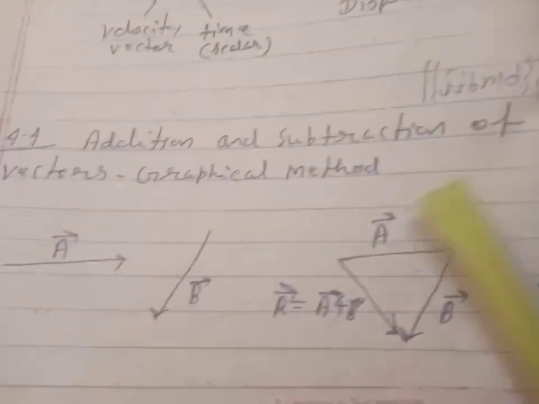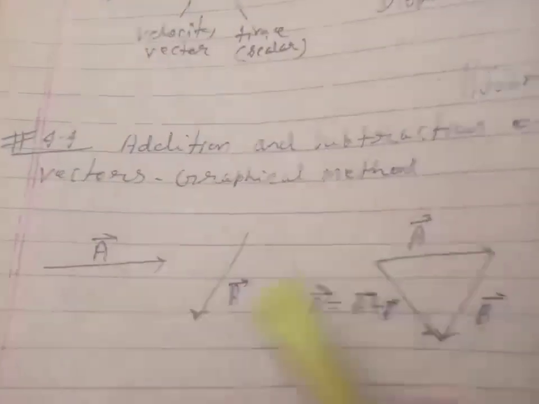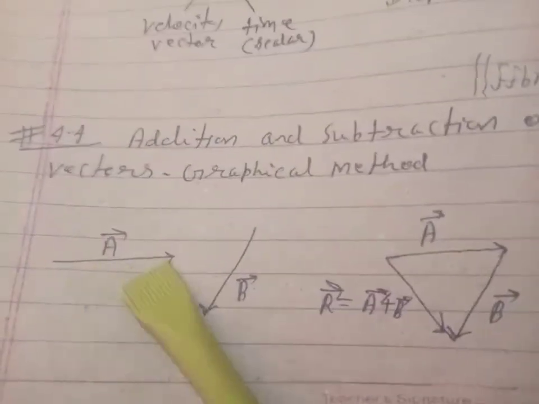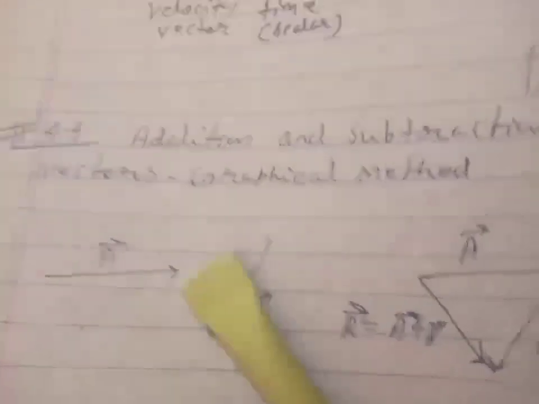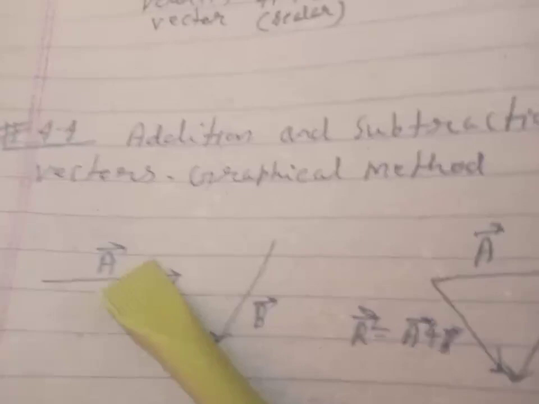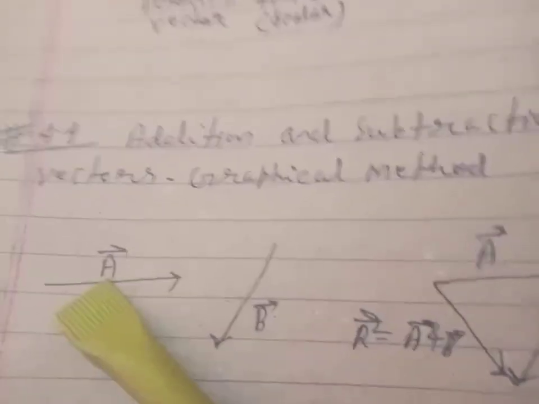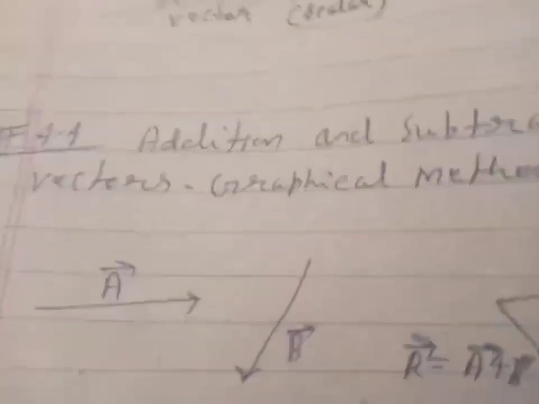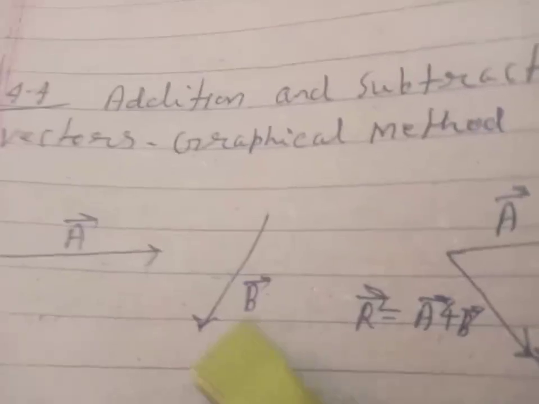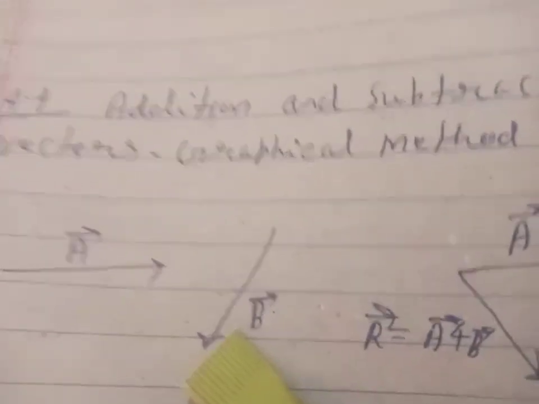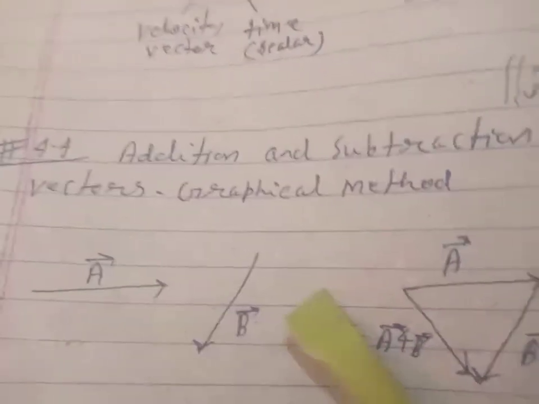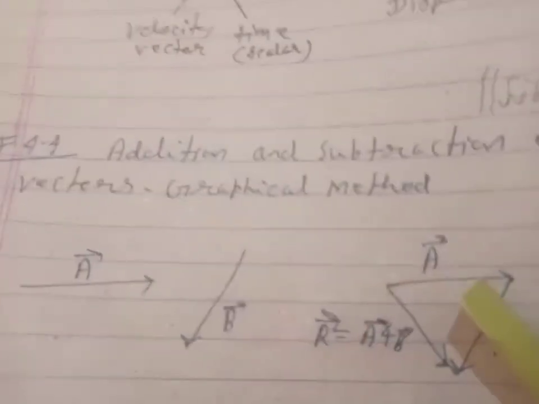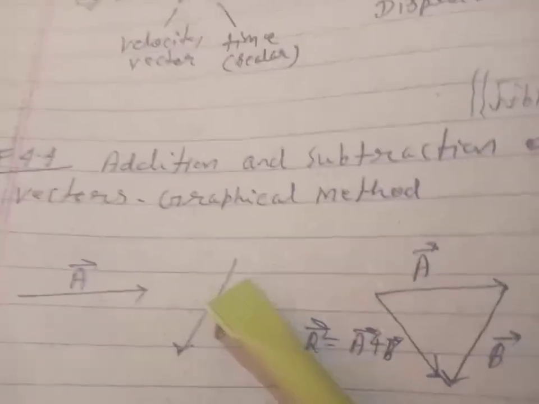Addition and subtraction of vectors. Graphical method. Here two vectors are shown, A vector and B vector. Now to add this graphically, for example, we have to add B vector on A vector, that is A plus B. We have to calculate A plus B, which will be equal to R vector, the resultant vector. Here it is written as R equals A plus B. So first let's draw A vector, and then we add B vector.